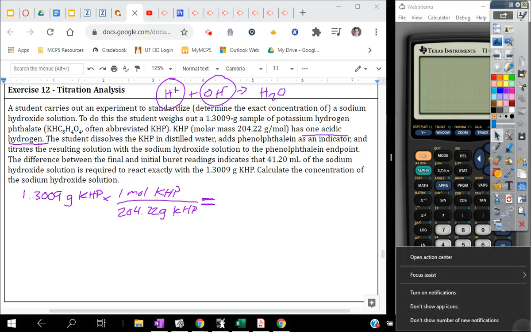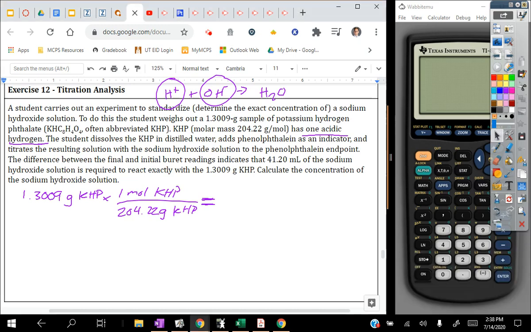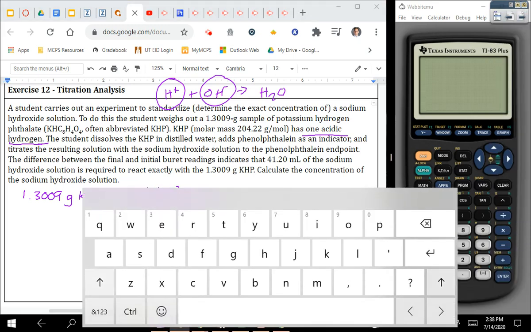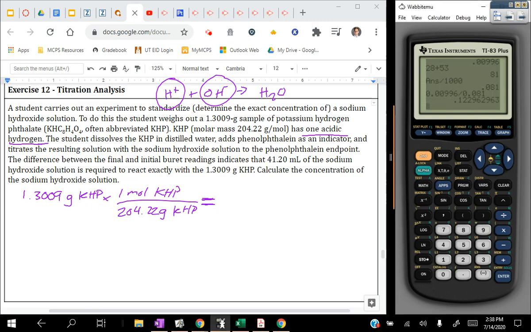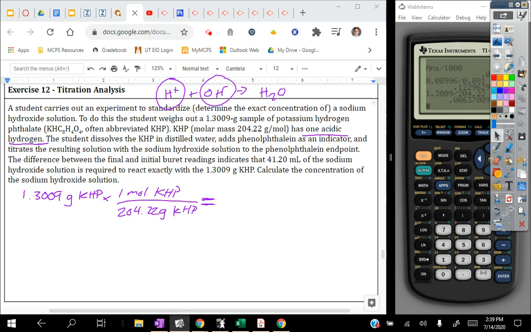So, technicalities. Here we go. 1.3009 divided by 204.22. And then I get 0.0063701 if I'm rounding.